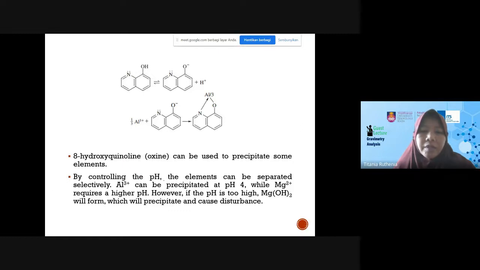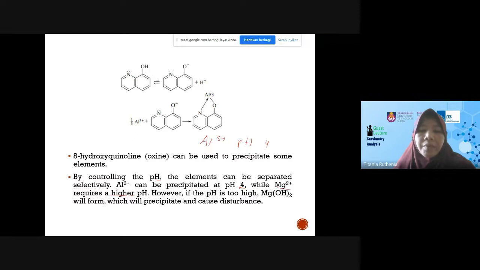And also about the pH, the elements can be separated selectively by controlling the pH. For example, Al3+ can be precipitated at pH 4, while Mg2+ requires a higher pH.